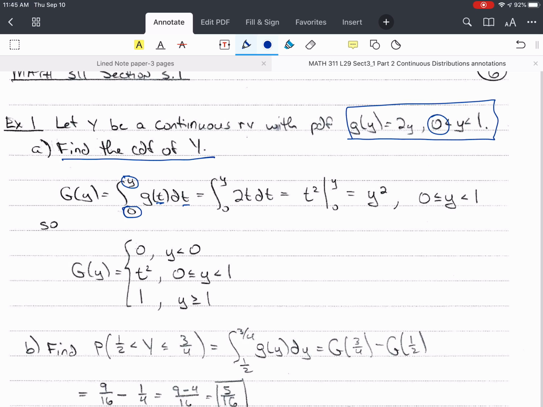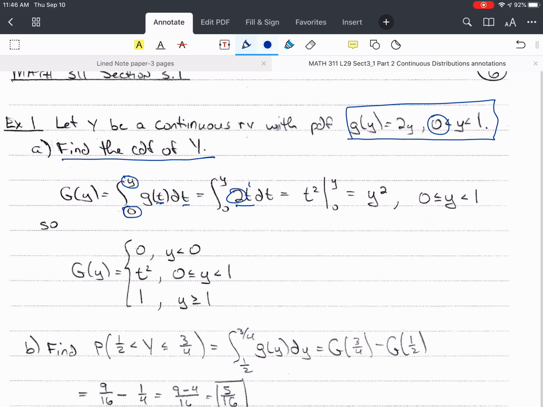So the integral of g of t dt from 0 to y, and I substitute in for g of t, that's 2t dt. So I raise the power, I add 1 to 1 to get 2, I divide by that new power, so 2, I already have a 2, divide by 2 leaves me a 1 out front, and this is t squared evaluated from t equals 0 to t equals y.